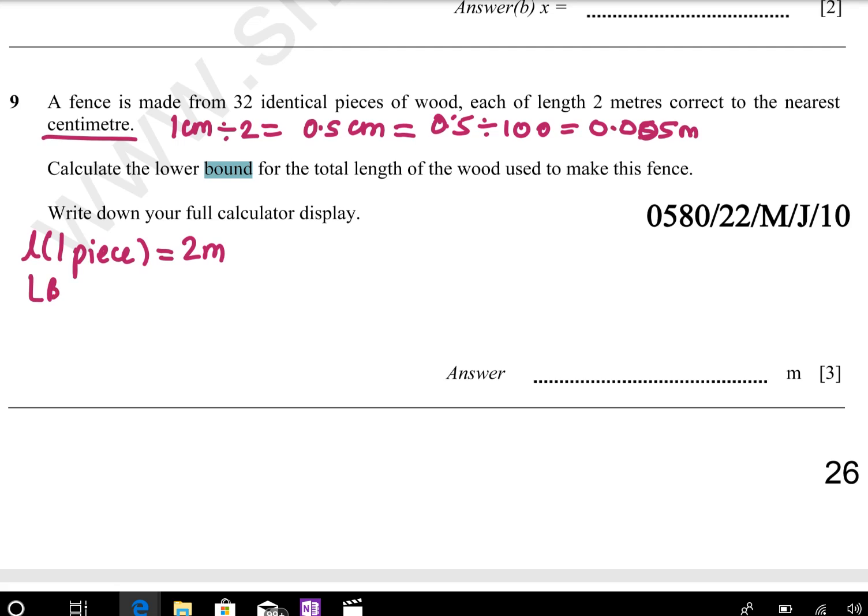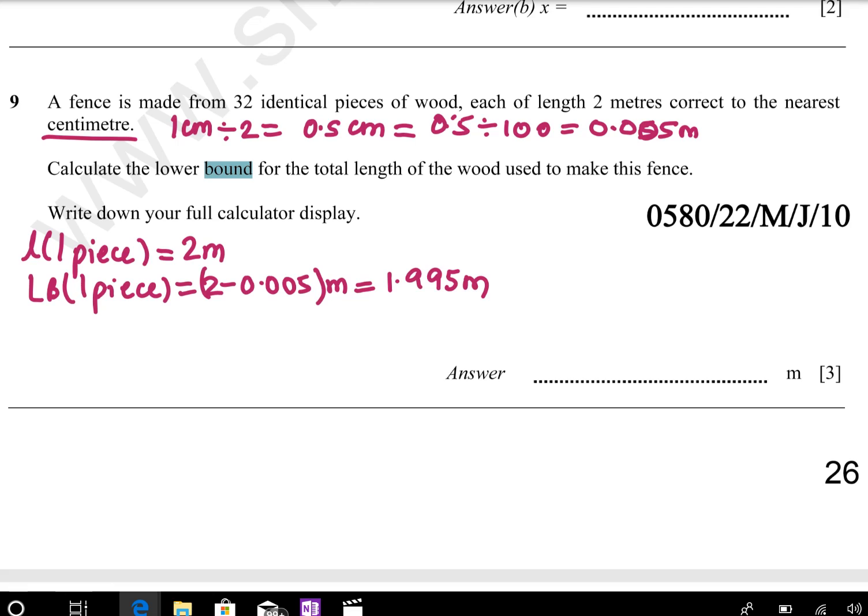So the lower bound of one piece equals 2 minus 0.005 meters, which is equal to 1.995 meters.